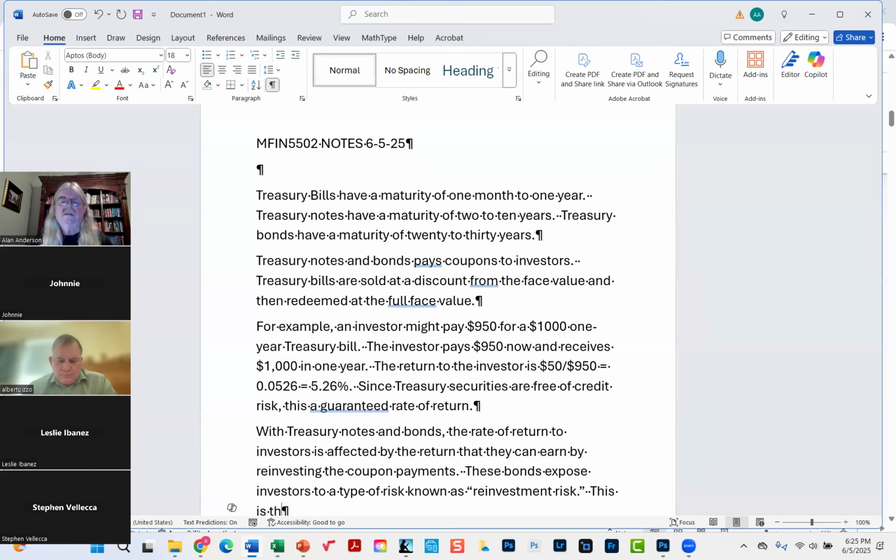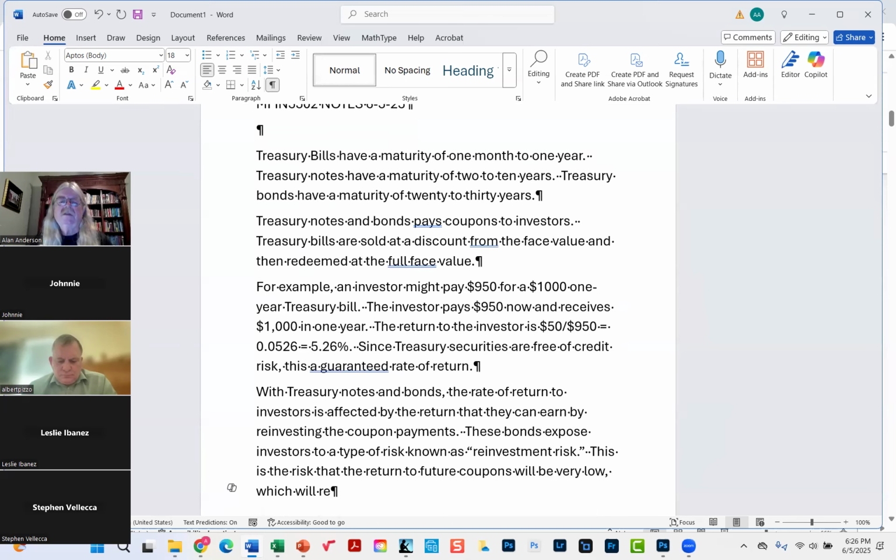This is the risk that the return to future coupons will be very low, which will reduce the total rate of return to the investor.